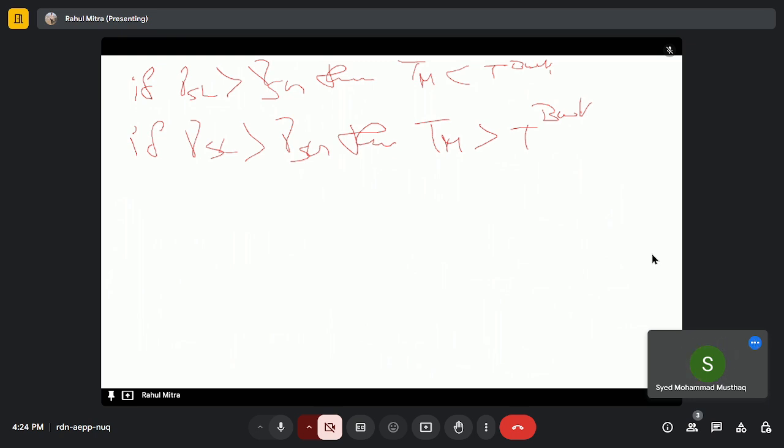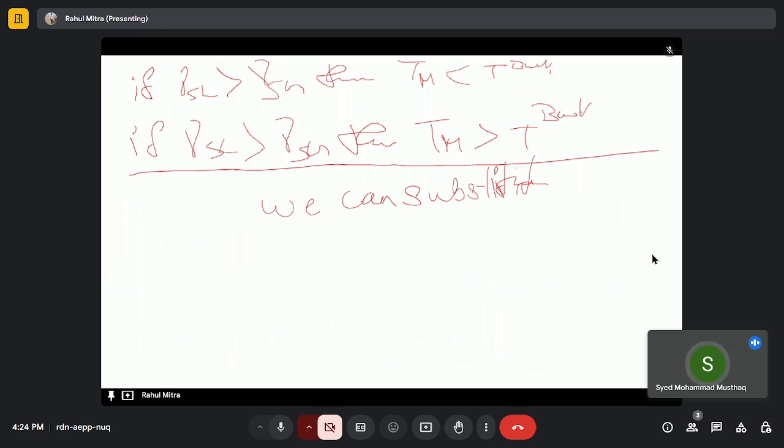So we can even substitute and see what exactly happens, right? We will even substitute and see how we get this relationship. It's not that complex, but rather simple equations, simple algebra anyone can solve.